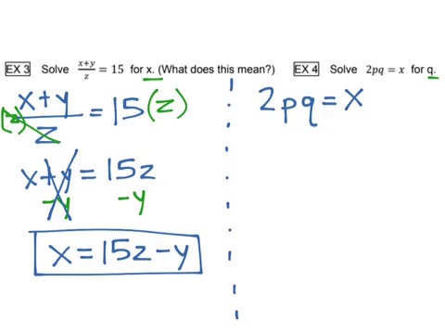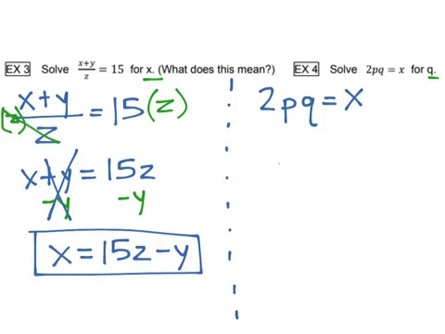Let's do one more. So we're going to solve for this q here. This is 2pq, which remember is the same as 2 times p times q. So what's happening to the q? Well, we're multiplying p and we're multiplying 2 to the q.